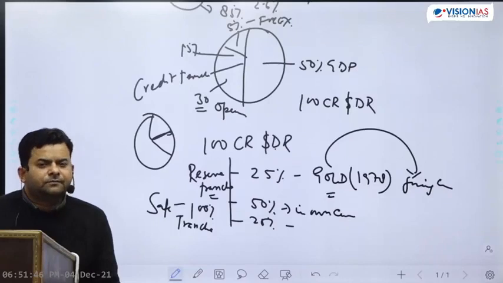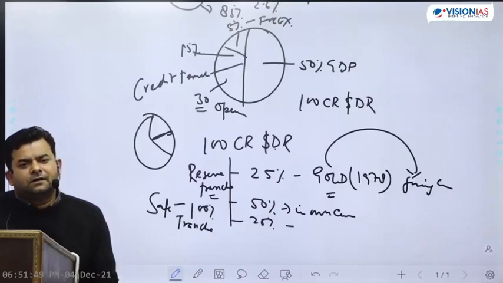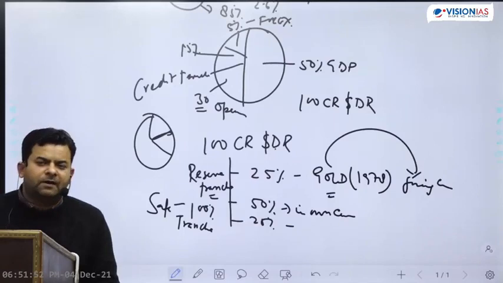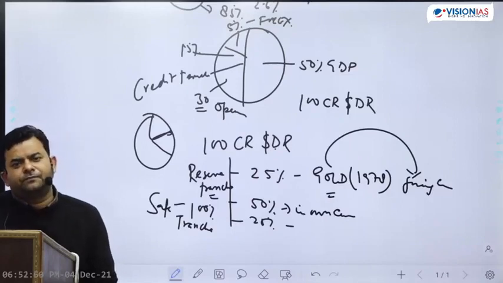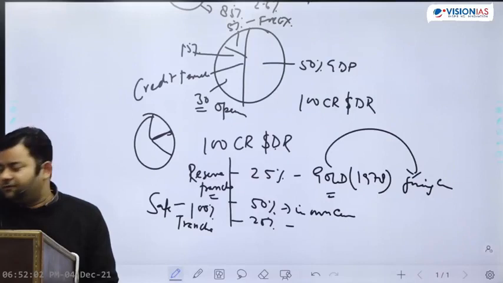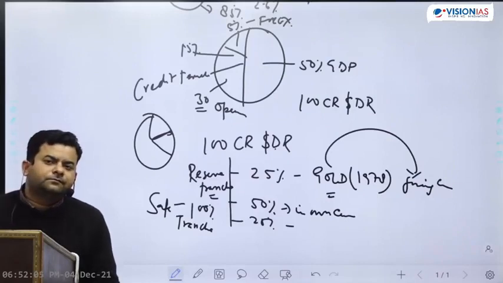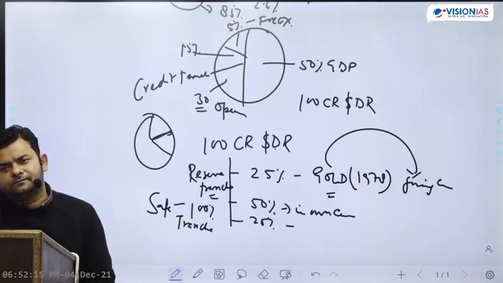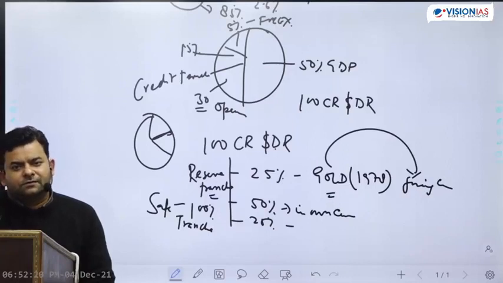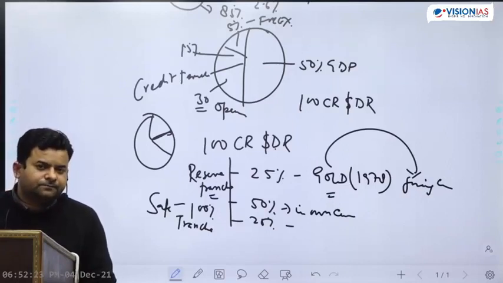In IMF, any decision has to be taken by 85% of voting. That is why apparently USA is having a veto.